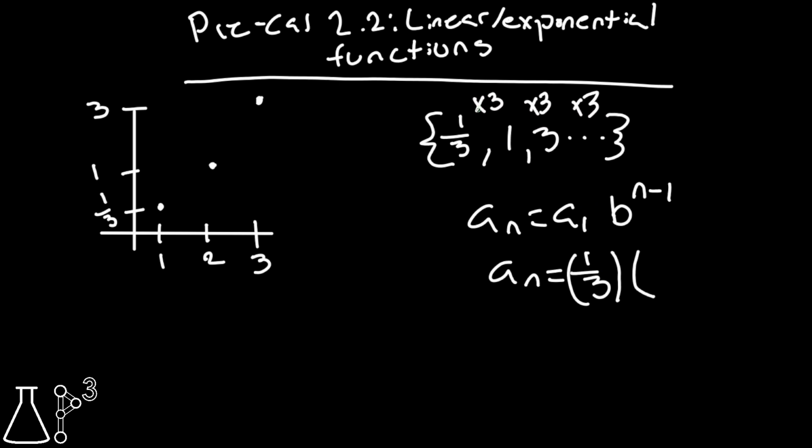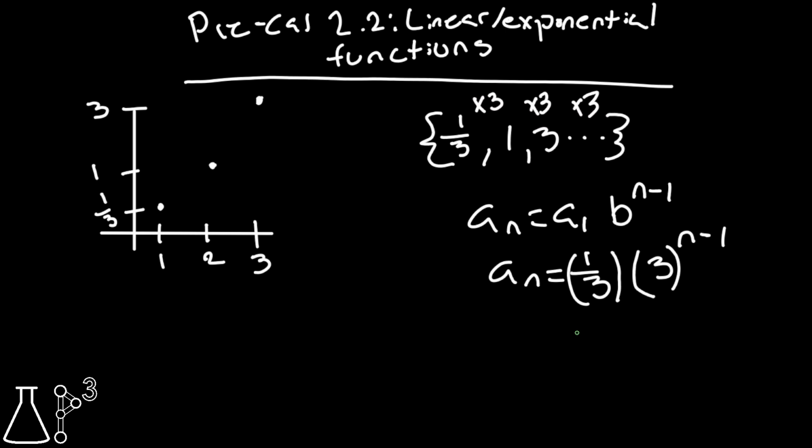We know we're multiplying by 3 each time, so times 3, and then we raise it to the power of n minus 1. There's how you would write that sequence really quickly.